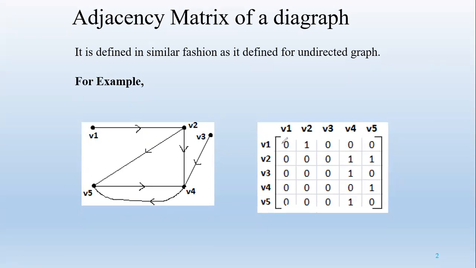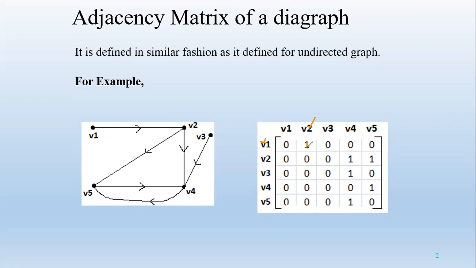V1. Here there is no self loop at V1. Therefore, this is 0. Next, V1 to V2. Here one arc exists, and its direction is from V1 to V2. Therefore, we can write 1 here.